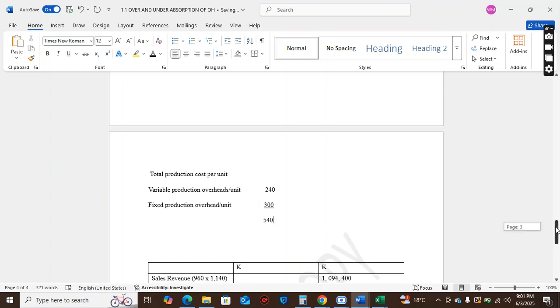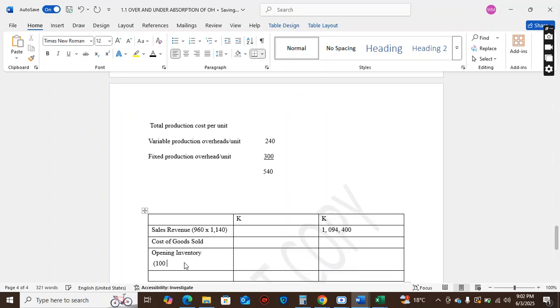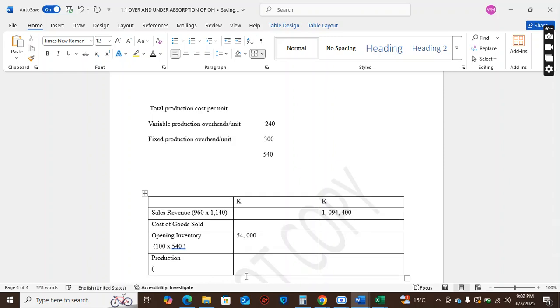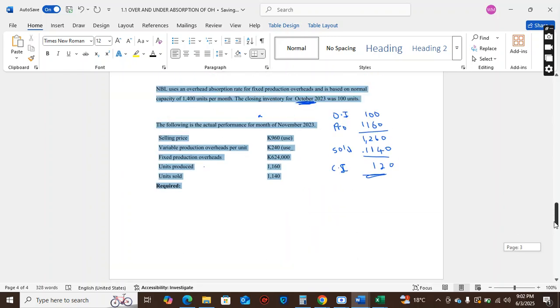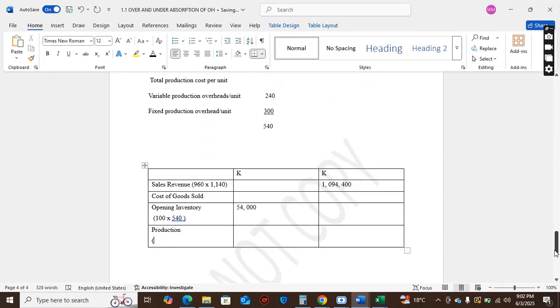All right. So opening inventory, 100 units times 540. So 100 times 540, that would be 54,000. Then on production, we produced 1,160 times 540.